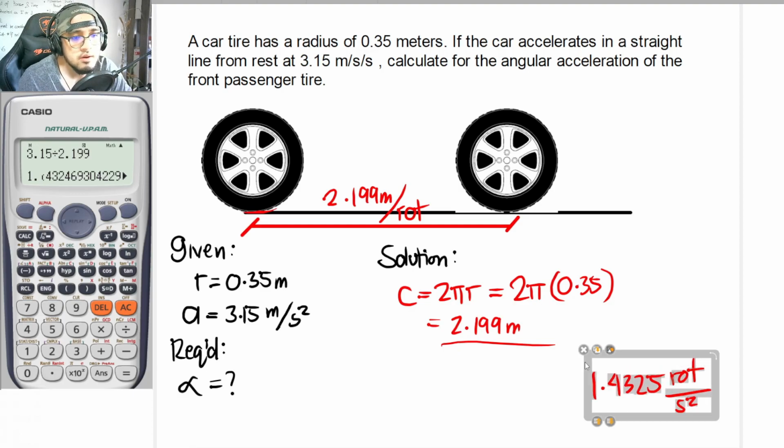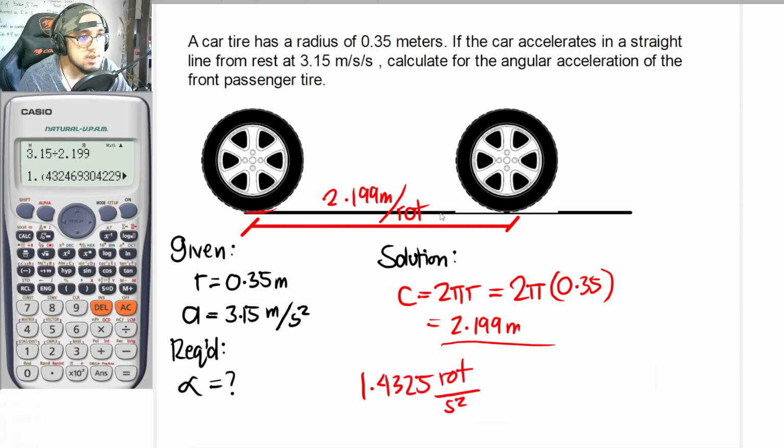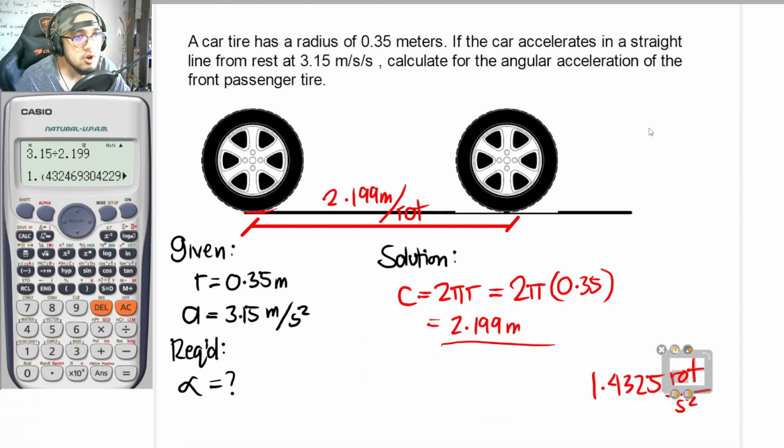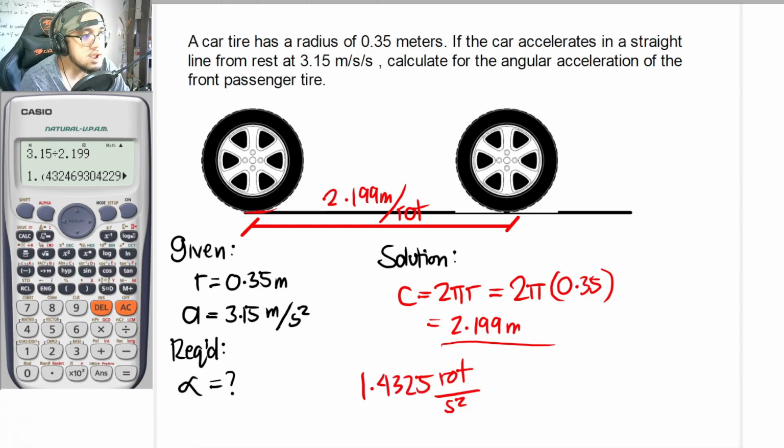However, when we say angular acceleration, this must be in terms of radians. So I will be converting rotations into radians. We have learned earlier that for every rotation, there are 2 pi radians.